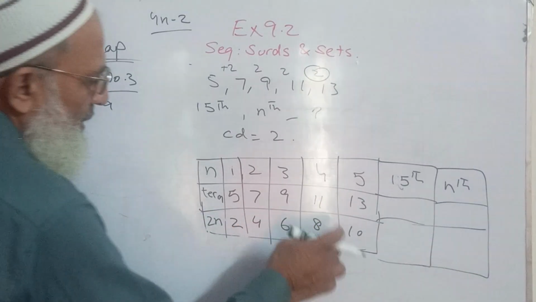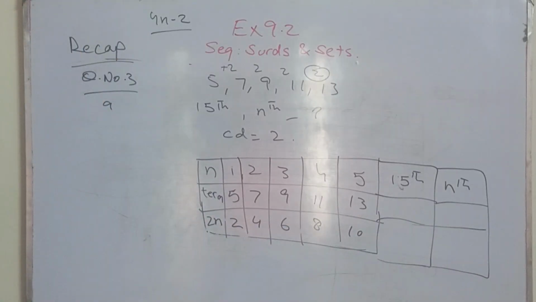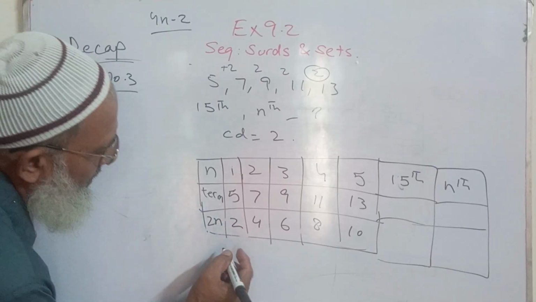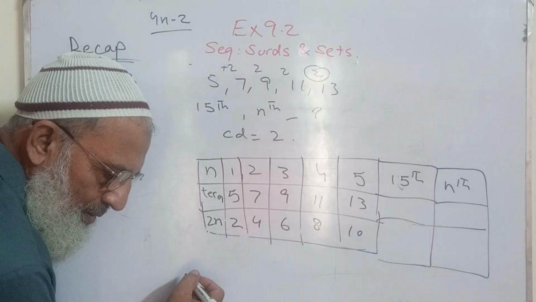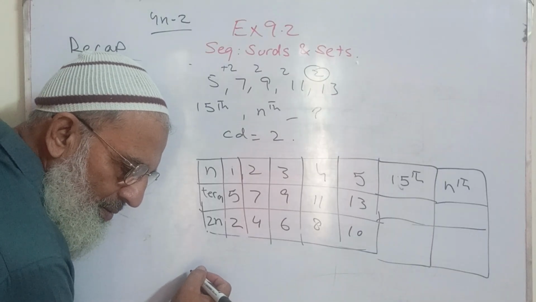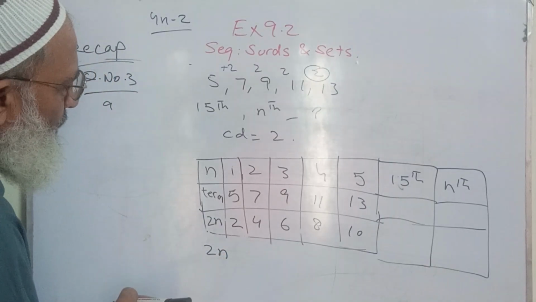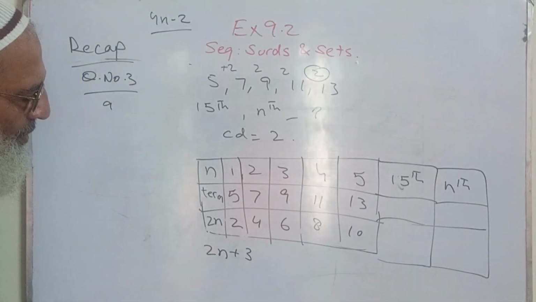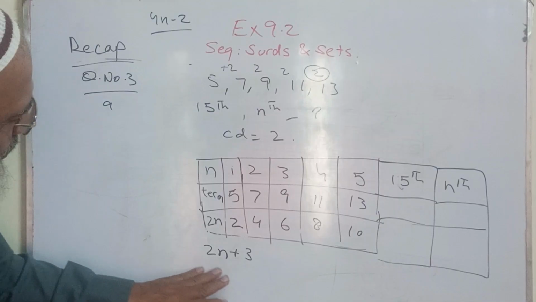Now we have to find the 15th term. You see that this is and this, just find it like this. Is it 2n plus 3? Our pattern is like this, 2n plus 3.